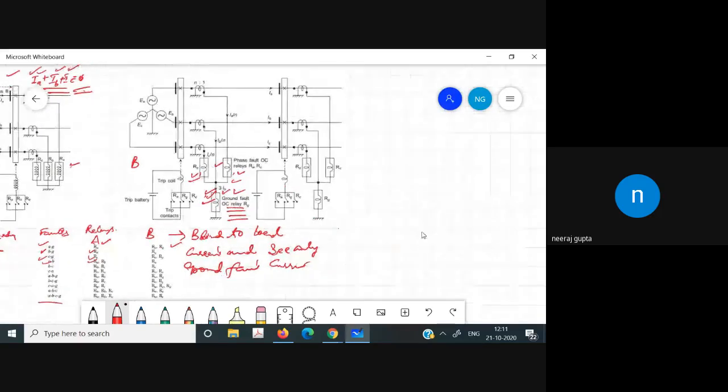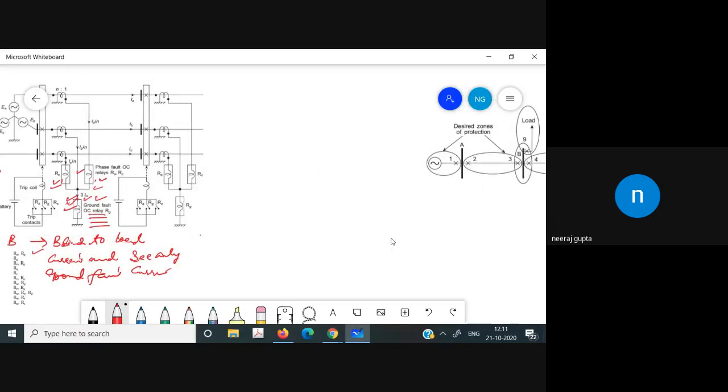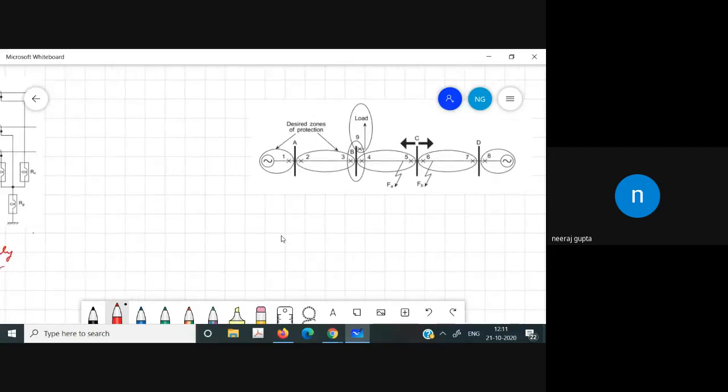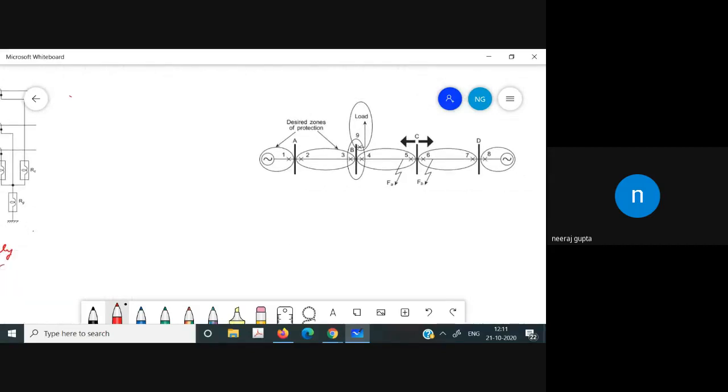Next, we discuss the directional overcurrent relay.